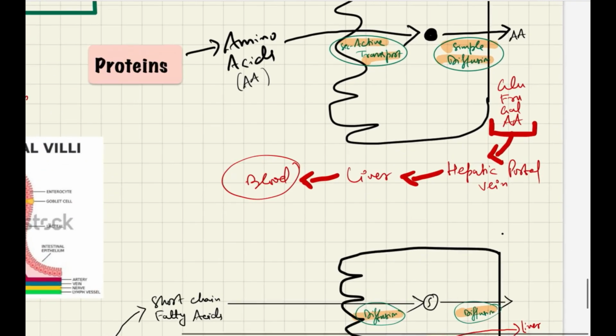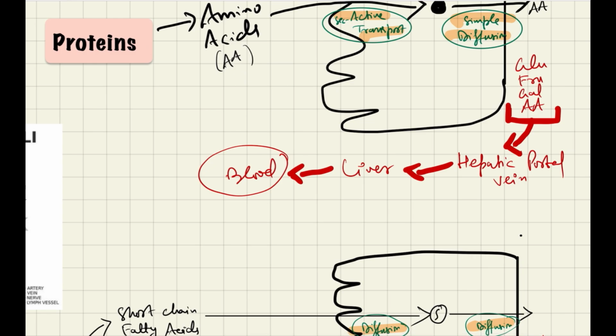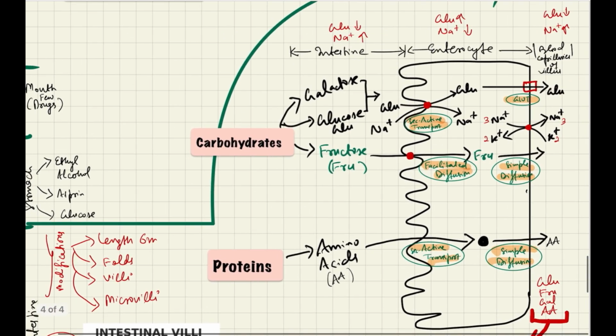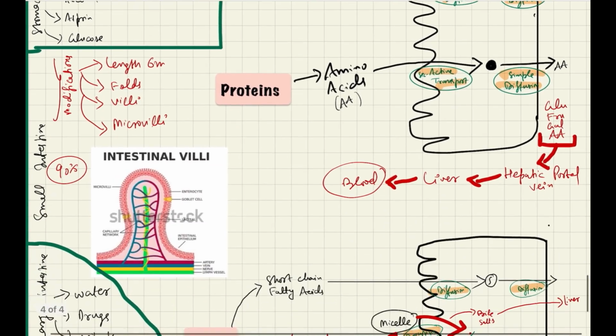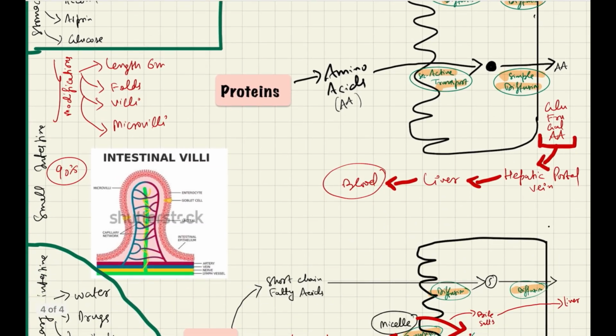And for all these things, the carbohydrates including fructose, galactose, glucose, and amino acids, they go through the hepatic portal vein to the liver, and from the liver they go to the blood. Here they are moving into the blood capillaries, but not the major circulation. First they move to the liver, and from the liver they move to the blood circulation, as per NEET.